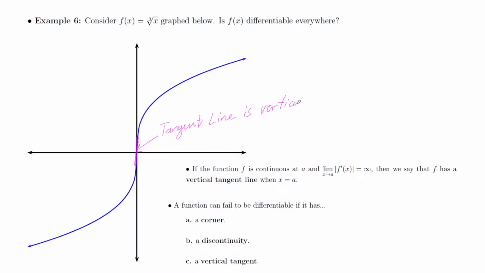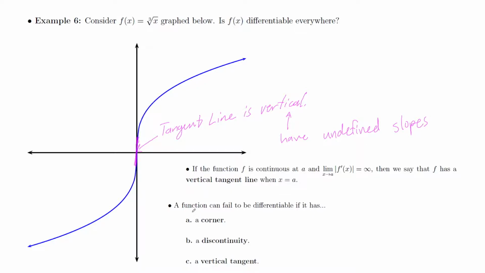And the reason that's a problem is because, if you remember, vertical lines have undefined slopes. And of course, a slope is the rise over the run, and when you are vertical, you have no run. So this is another situation where it's not differentiable simply because you end up with an undefined slope.